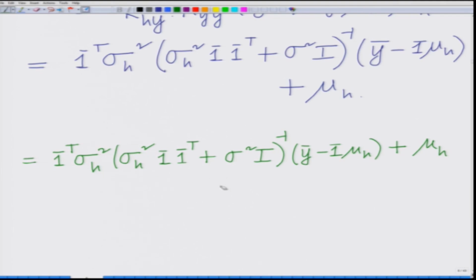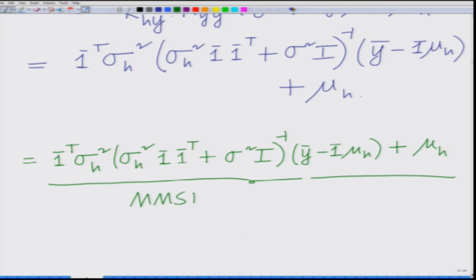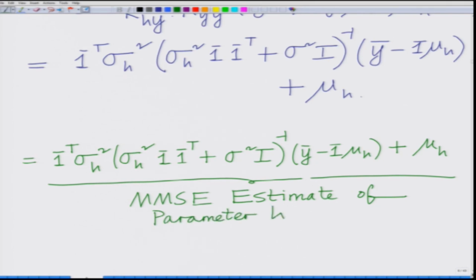And this is therefore the MMSE. Now we have a neat expression for the minimum mean squared error estimate of the parameter h.